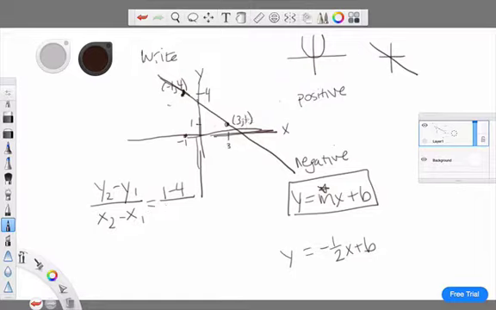So if you use this to start with up here, then you're going to use this one to start with down here. 3 minus -1.